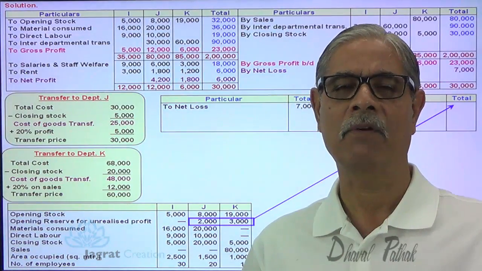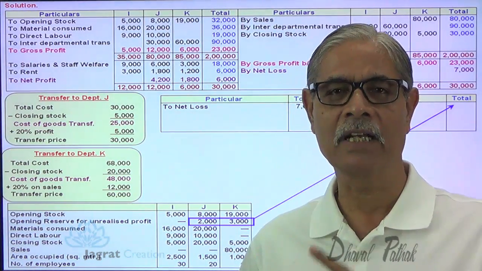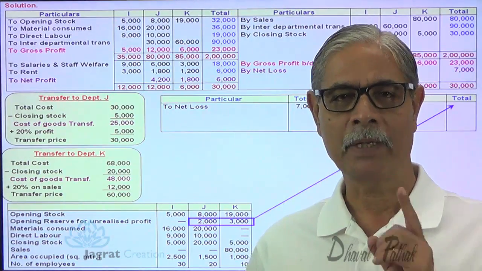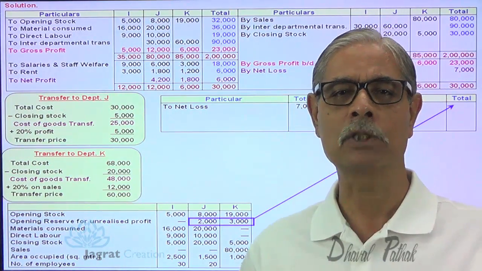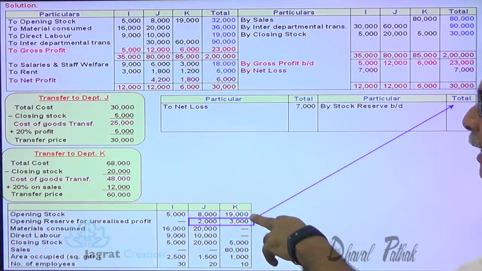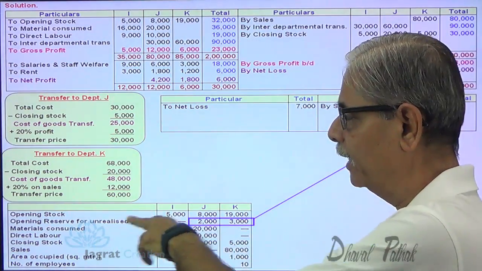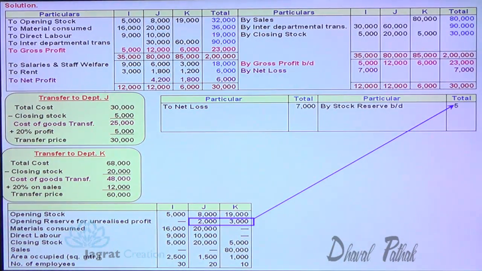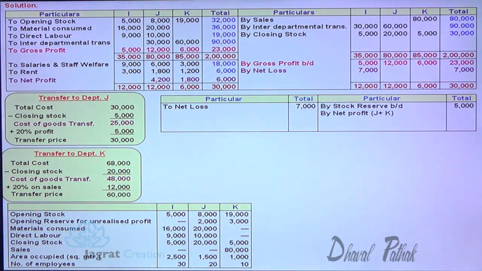So unrealized profit in the opening stock gets realized by the end of the year, presuming that opening stock has been sold. So this unrealized profit in the opening stock gets credited to profit and loss account 5,000. Now, after identifying this, let me record the profit of J and K 6,000 to the credit side of profit and loss account.